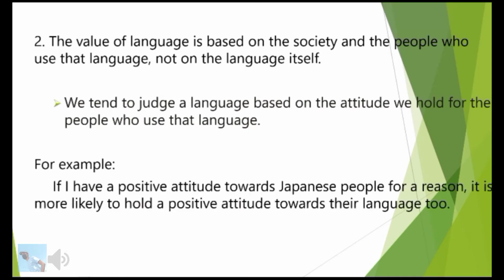For example, if I have a positive attitude towards Japanese people for a reason, I am more likely to hold a positive attitude towards their language too. That is the main point of this idea. Your preference for a language is not based on the language itself. It is based on the people who use that language.